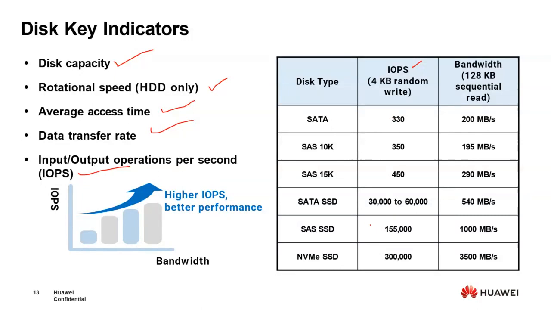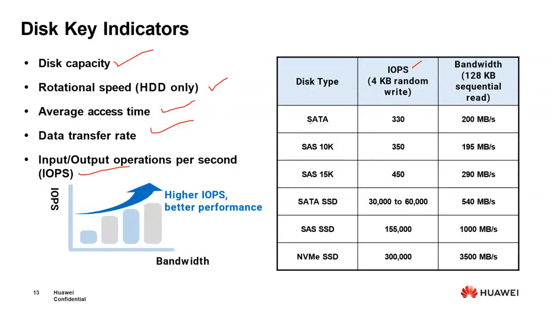Now we can have up to 300,000 input-output operations per second. In terms of the bandwidth, you also realize that from the SATA, it keeps increasing from 200 megabytes per second. Now we can have up to 3,500 megabytes per second of bandwidth in terms of the read and write.